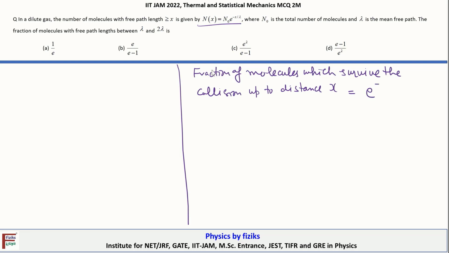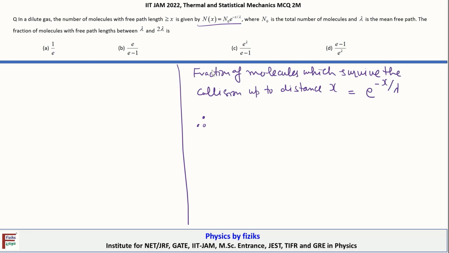That's exponential of minus x by lambda. Now we have to find the fraction of molecules which have a path length between lambda and 2 lambda. So that fraction we have to find.